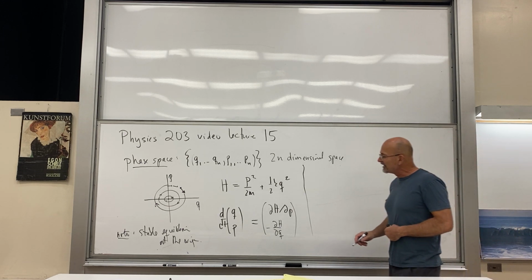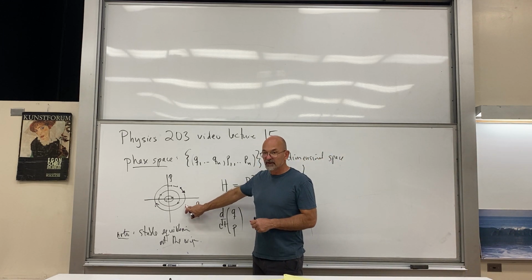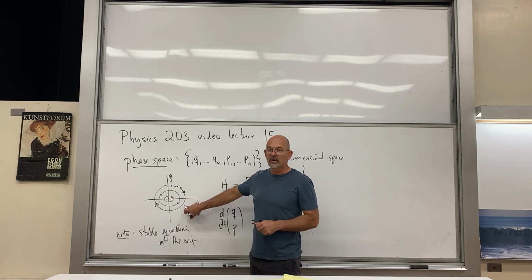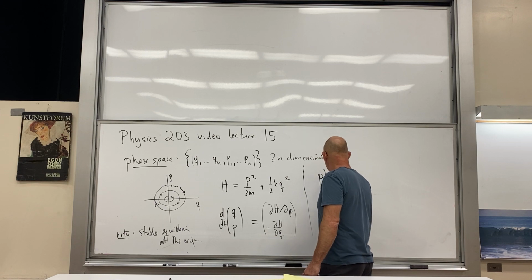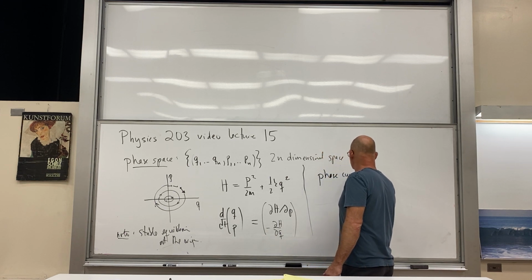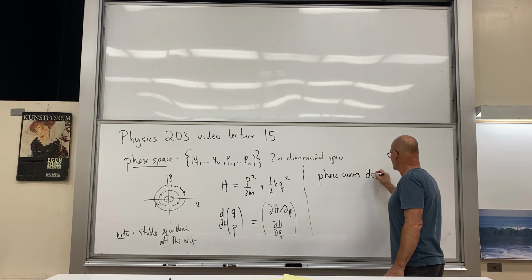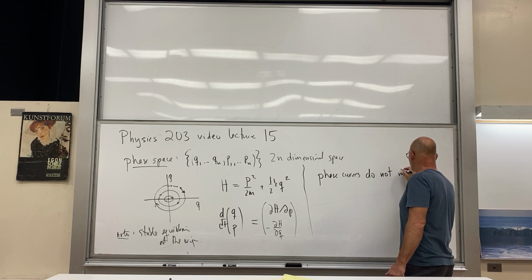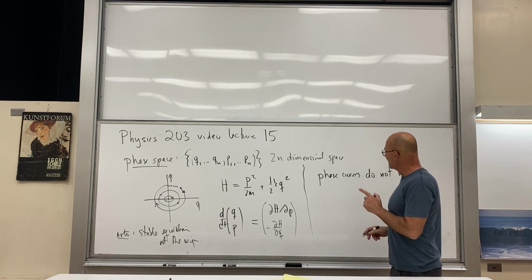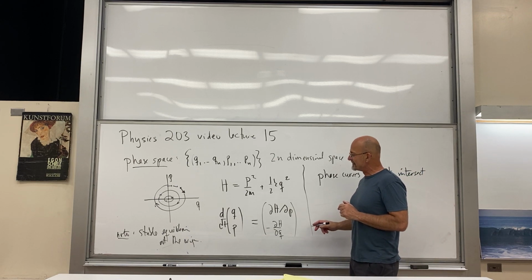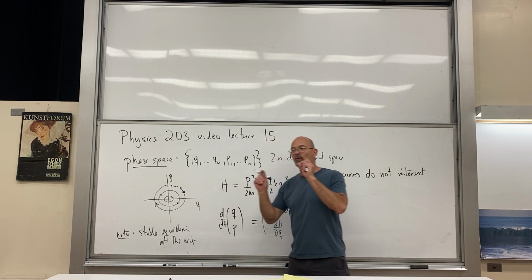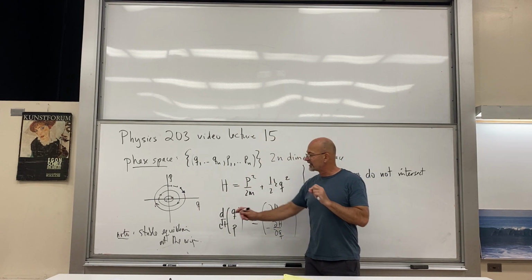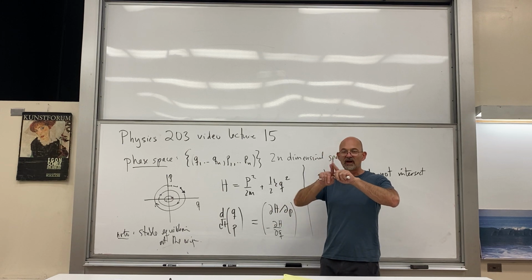Okay, so these phase curves, as we can call them, are never going to cross. So there are certain properties here. Phase curves do not intersect. That's a property here. And that's simply because if two phase curves were to intersect, you'd have one point which represents an initial condition with two possible motions.